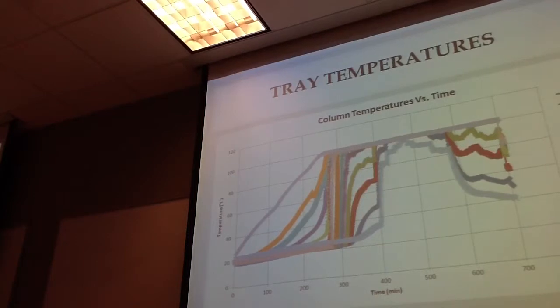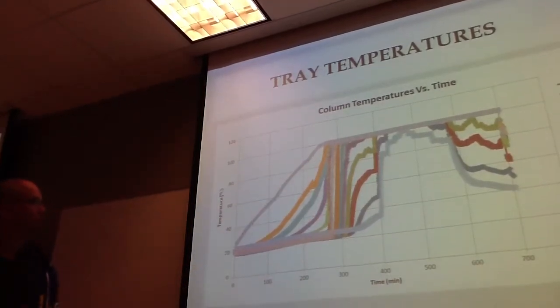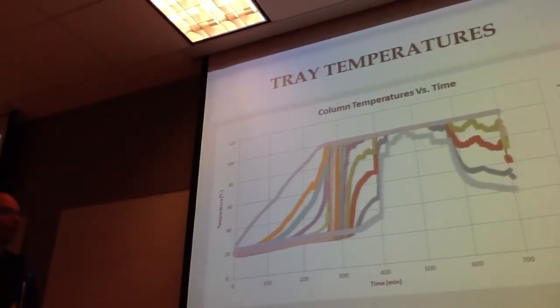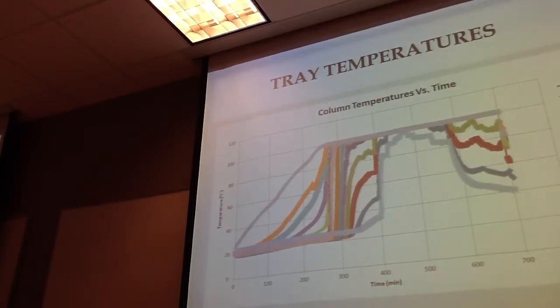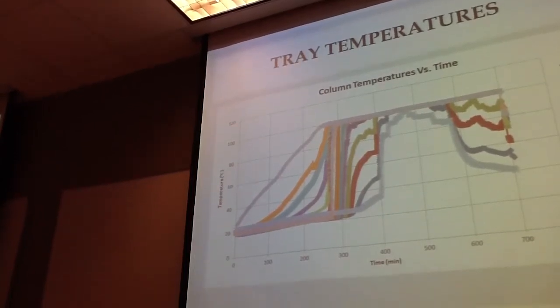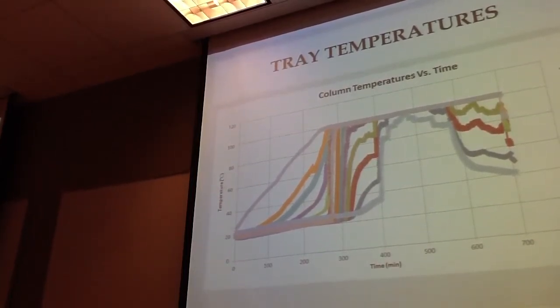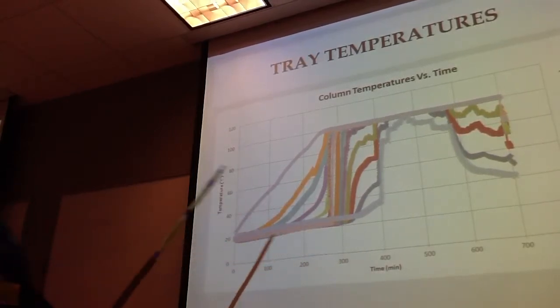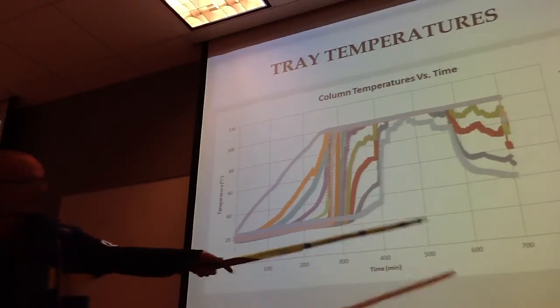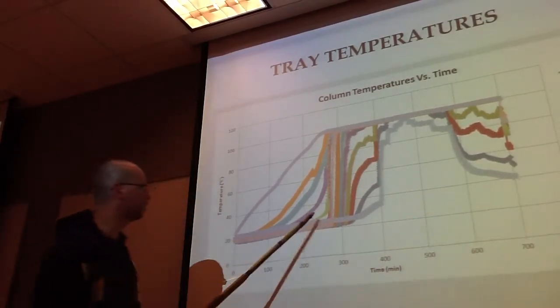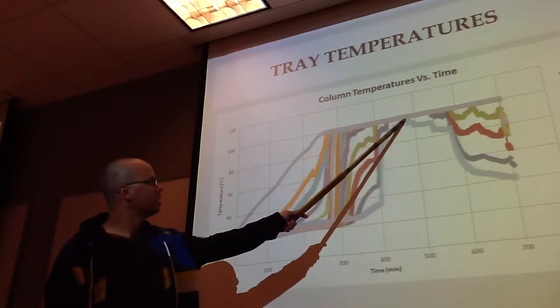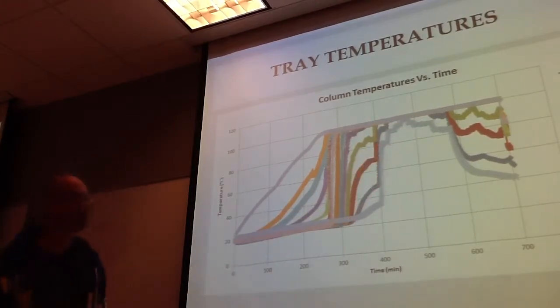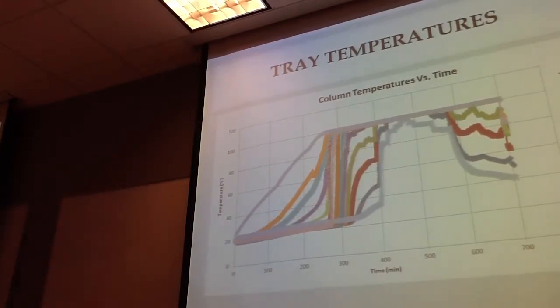It appears, and we need to do further experiments, that's probably the minimum amount of power it takes just to keep the column hot all the way up and down so that it's still 100 degrees in the, sorry, I said reboiler, I meant the reflux temperature here. That's right here. See, it starts stepping down as soon as they step down from 1530 watts.